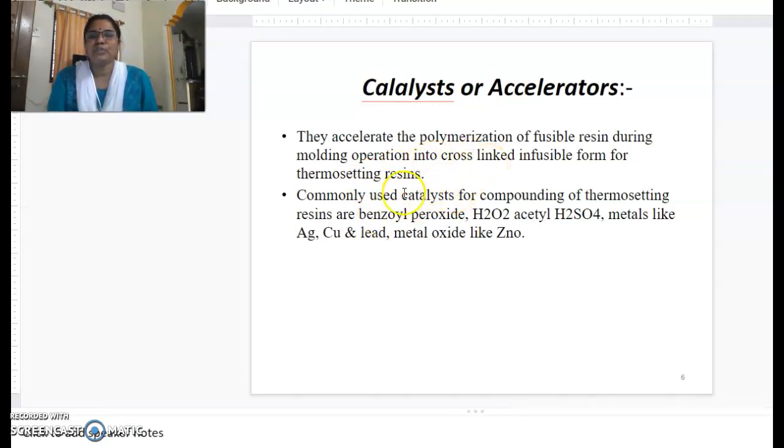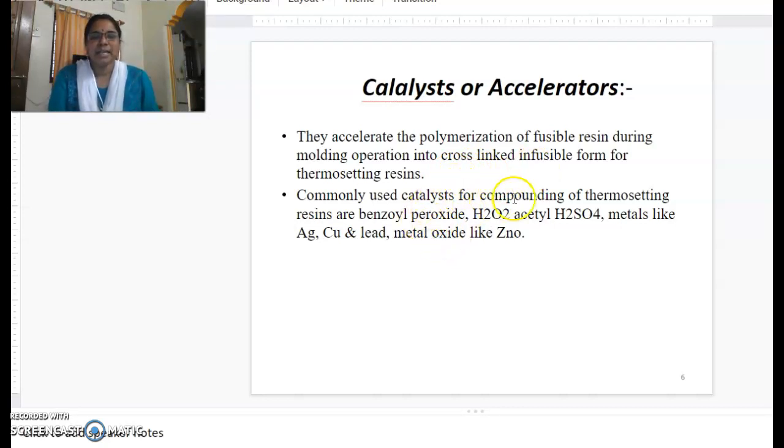Take this square, right? If there are links in between like this also, then it will become a three-dimensional network which is infusible. In order to convert into that, you need a catalyst or an accelerator.